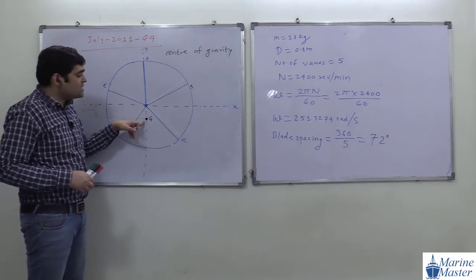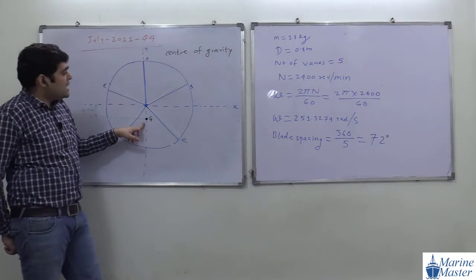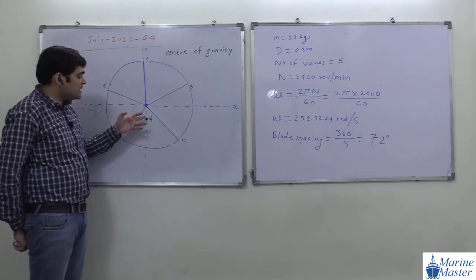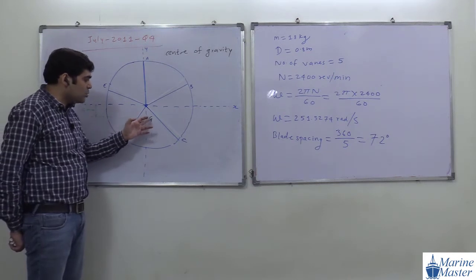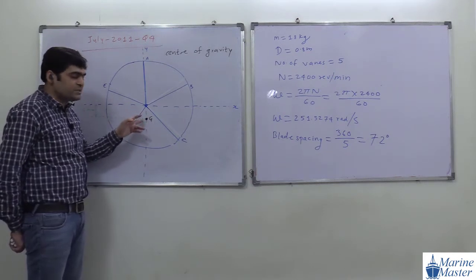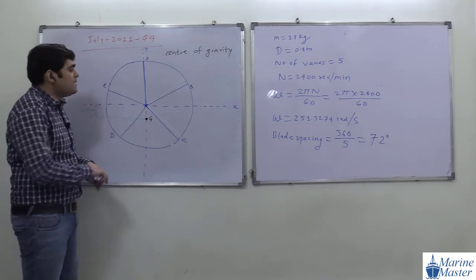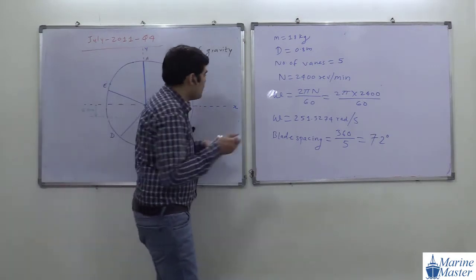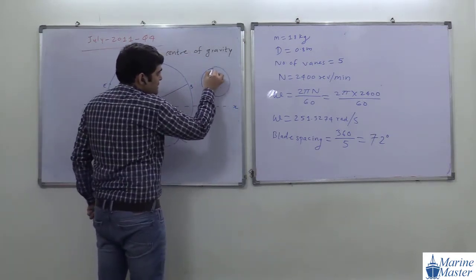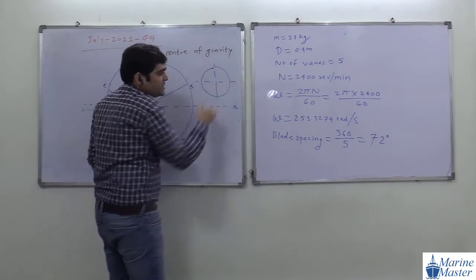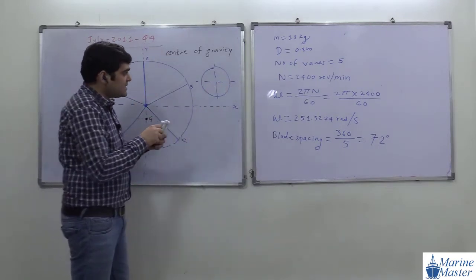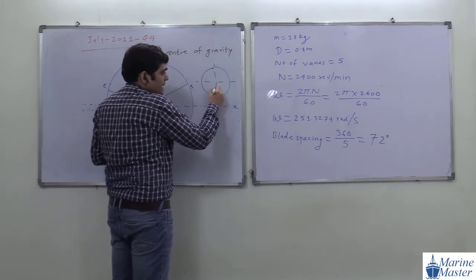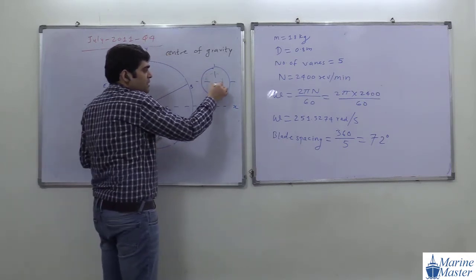And if this entire mass acts at this location, what will happen, guys, if this impeller rotates? The equivalent diagram for this is a disc, on which a mass of 18 kg acts at this location, and this 18 kg mass will move in a circle.